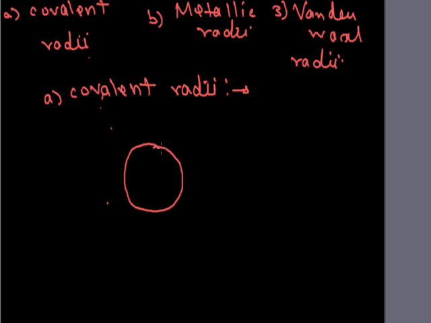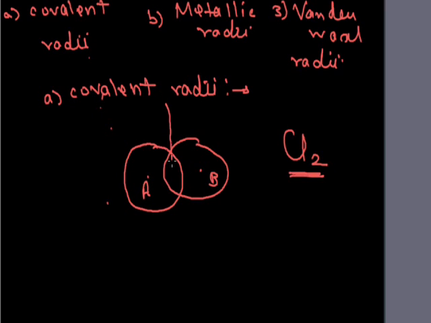Considering two atoms of nonmetals, take the example of a molecule of chlorine. In a molecule of chlorine there is an overlapping of the outermost orbitals of the chlorine atoms. We are representing that like this. Let the atoms be A and B. So we will take half of the internuclear distance between them, and that will be considered as the atomic radii.